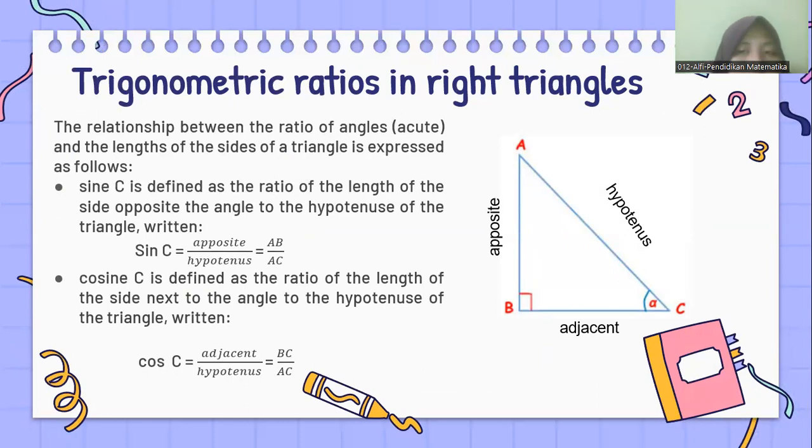What is the relationship between the Pythagorean theorem and trigonometric ratio? Anyone know? Do trigonometric ratios apply to all types of triangles? Does anyone know?